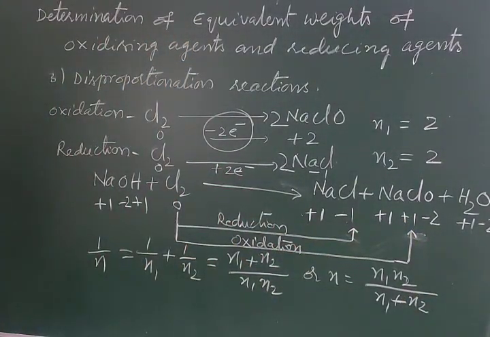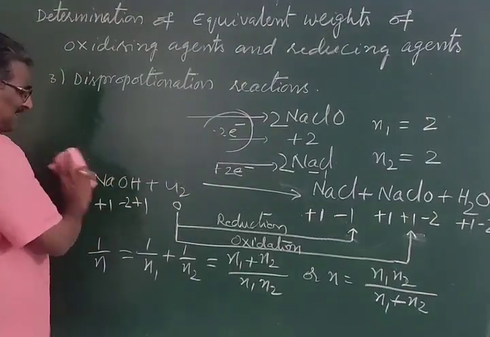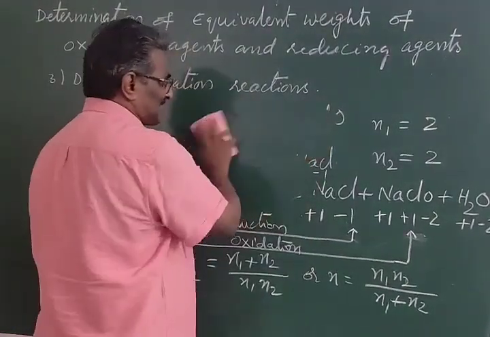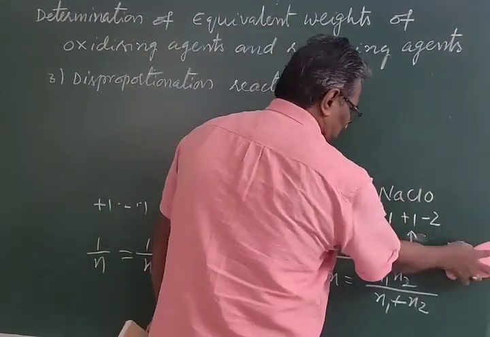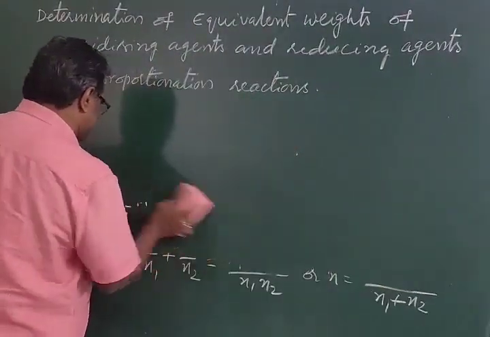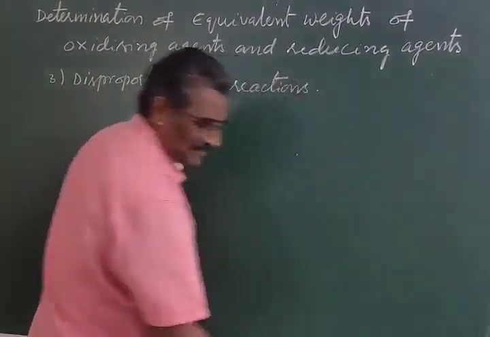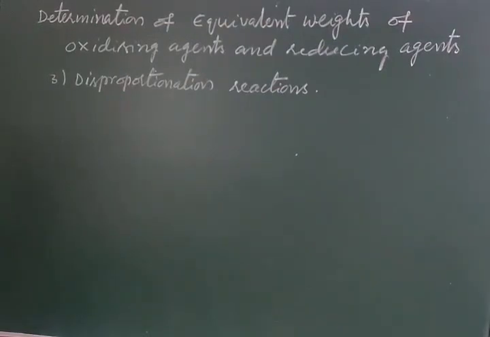In this way, n factor is calculated. If n factor is calculated, equivalent weight is equal to molecular weight by n factor. In this particular case, as n factor is 1, that is 2 into 2 by 2 plus 2, the molecular weight is same as the equivalent weight. Okay? Let us see one more example of disproportionation reaction.